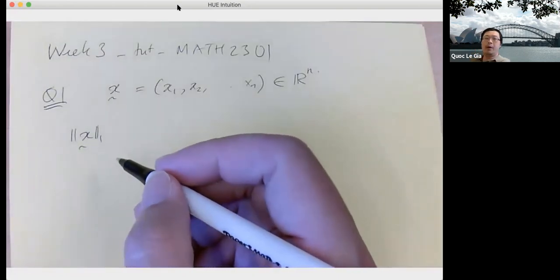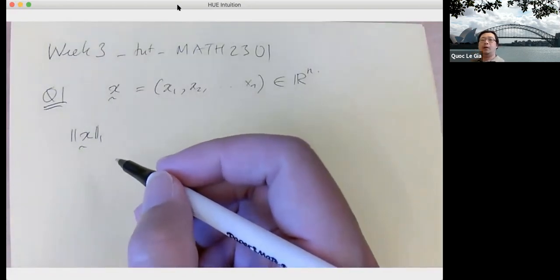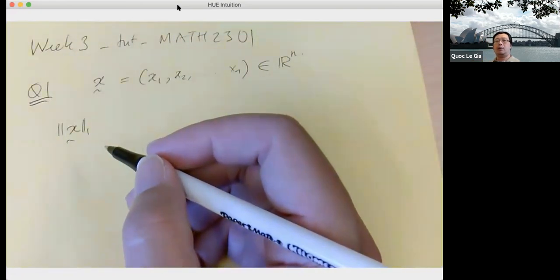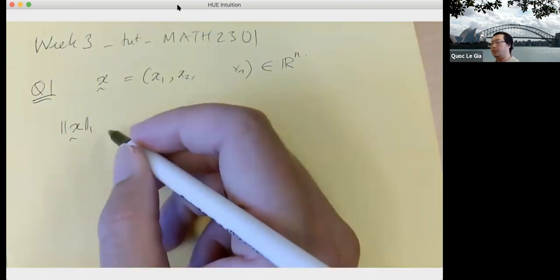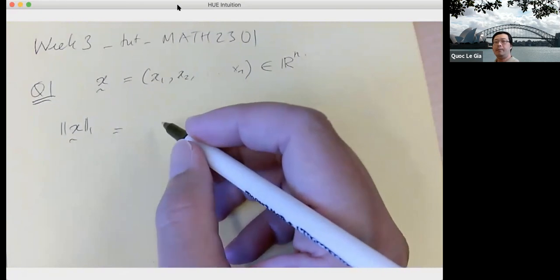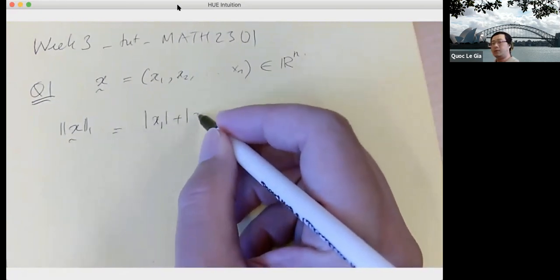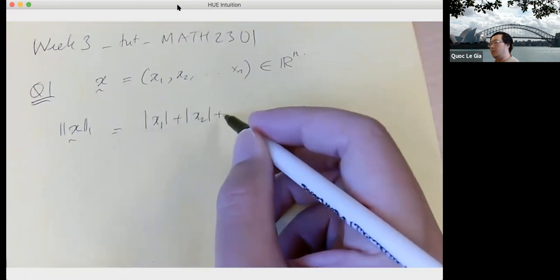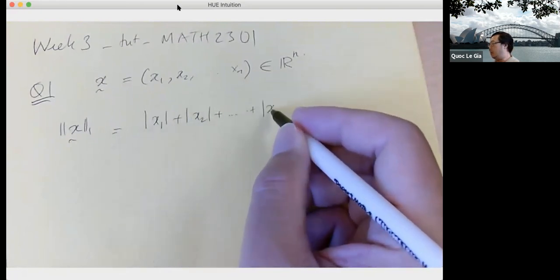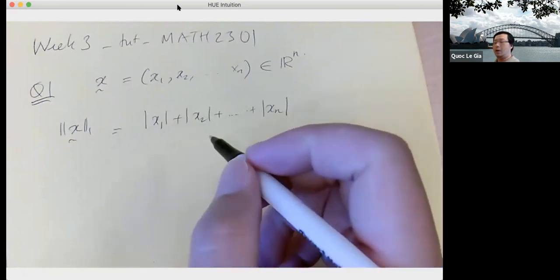If you remember the formula in the lecture notes, then the one norm is just the sum of x1 in absolute value, x2, dot dot, up to xn, right? And what is the two norm?